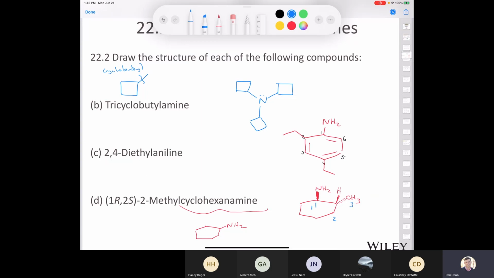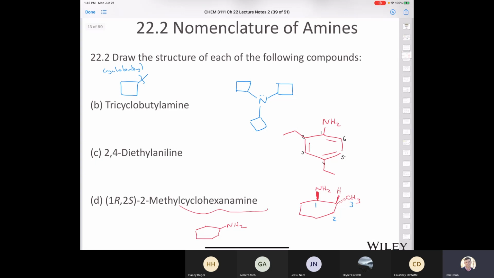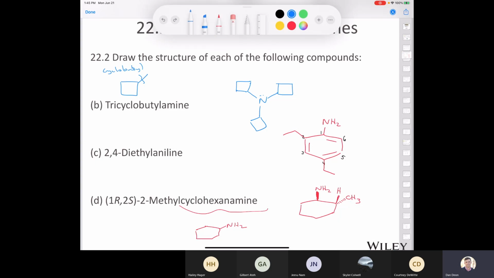This is third highest priority. So I'm going like this, which is S, but then the proton's coming out in front. So it's actually R the way I have it written, which is R for wrong, right? So it's incorrect. So now I have to fix it. And so what will I do? I'll just shade in the methyl group. There we go. All right, give me a thumbs up if you follow me on that, on the amine nomenclature.